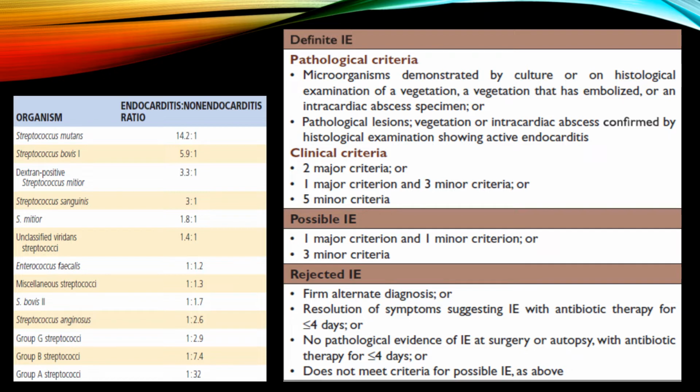Each species has a different propensity to cause endocarditis. Streptococcus mutans has the highest propensity to cause endocarditis, followed by Streptococcus bovis 1. So we can call it Streptococcus gallolyticus because it changed the name in recent years.